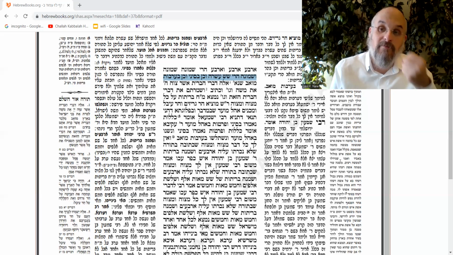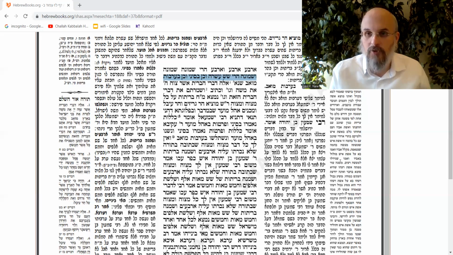Now, in every mitzvah, you have two components. The general and the specific. What's the general? The general is the common theme for every mitzvah. What's the common theme for every mitzvah? No matter what the mitzvah is, it brings closeness to God. No matter what the sin is, it brings distance from God.